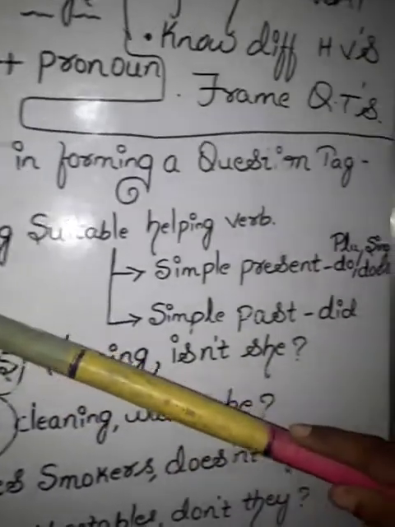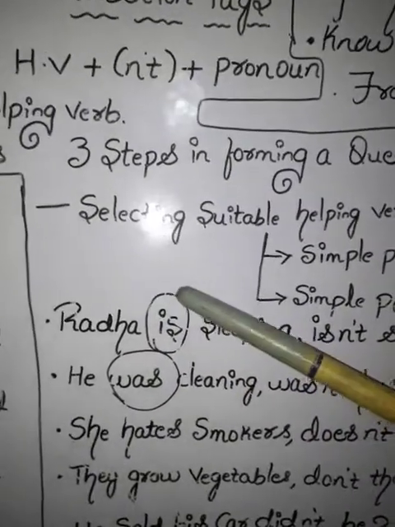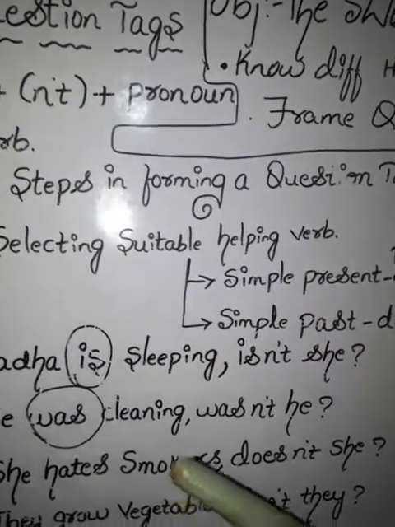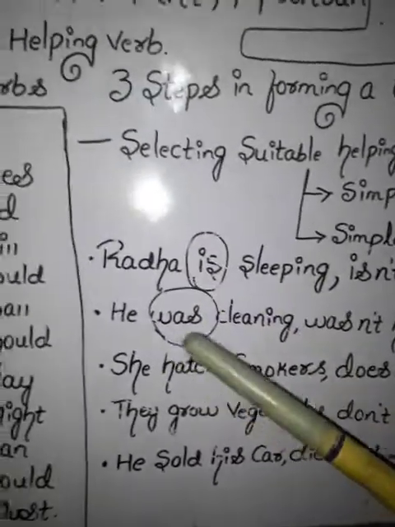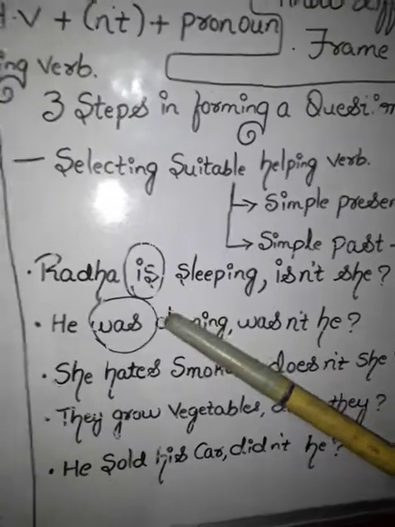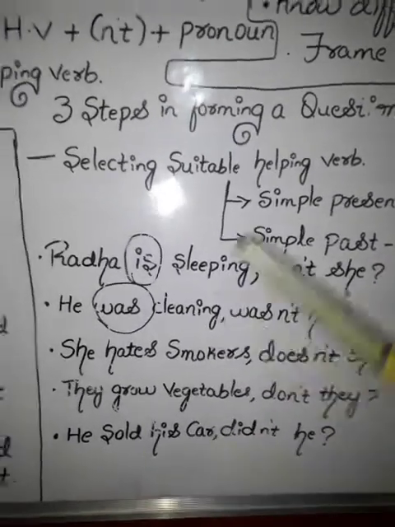The first and important step in writing a question tag is selecting a suitable helping verb. If there is a helping verb in the given statement, you should use the same helping verb for writing a question tag. I am repeating once again.